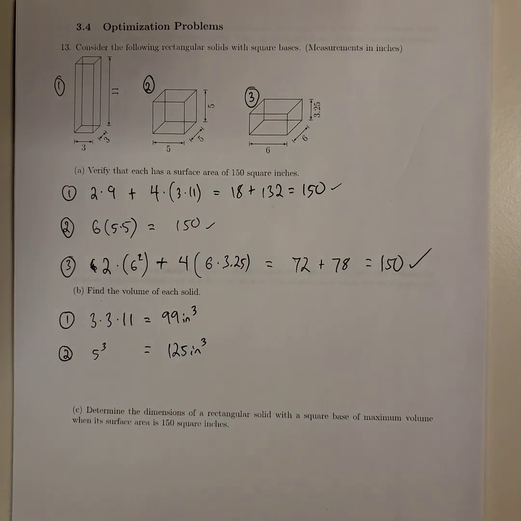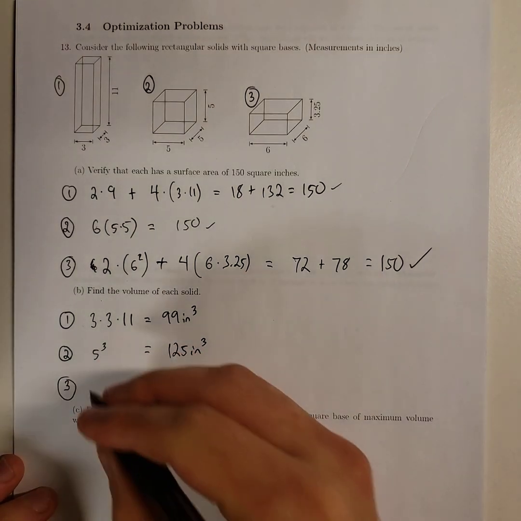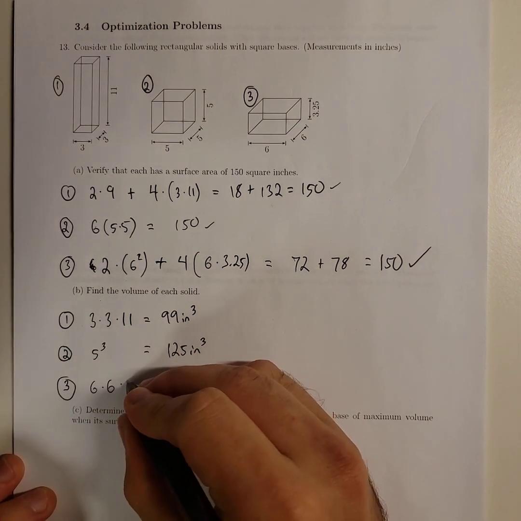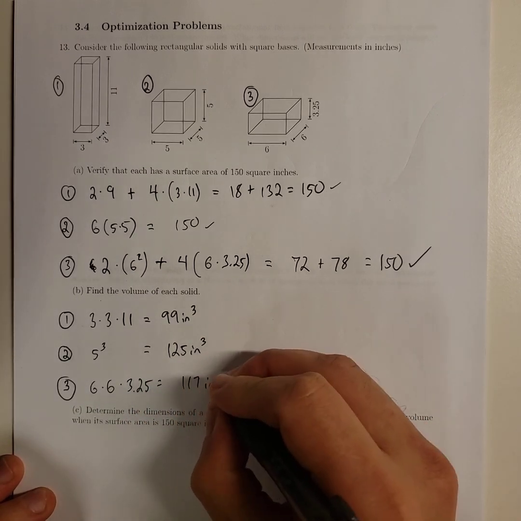So that one has more space in it, or has a larger volume. And our last one was 6 by 6 by 3.25. And that comes out to be 117 cubic inches.